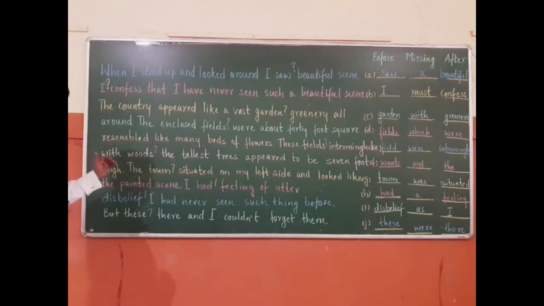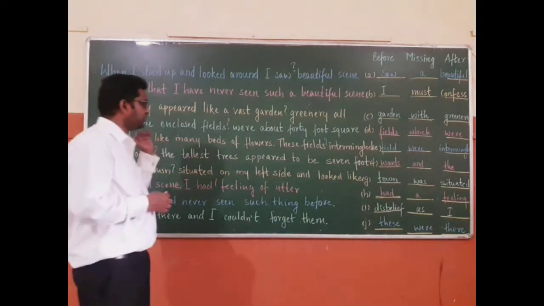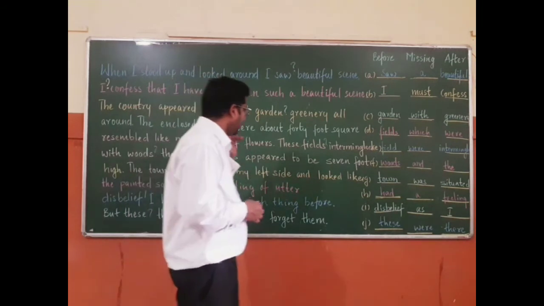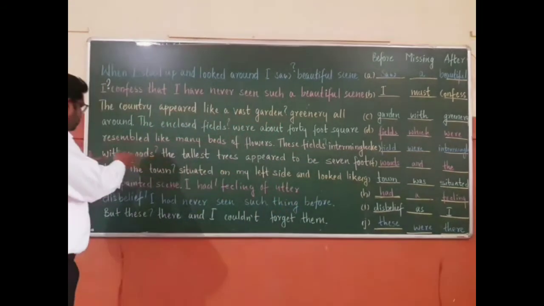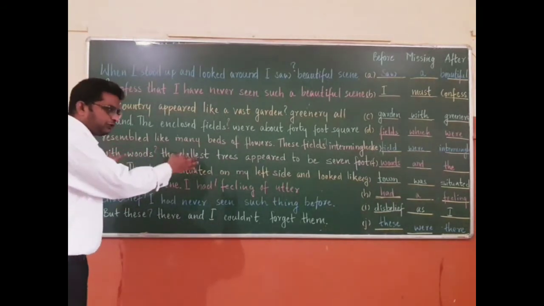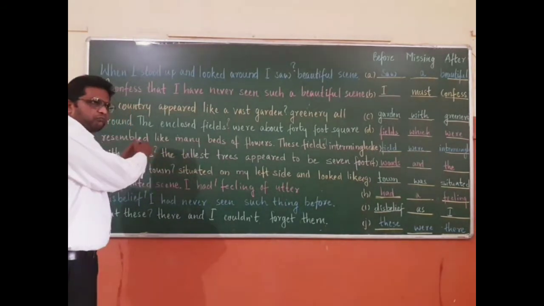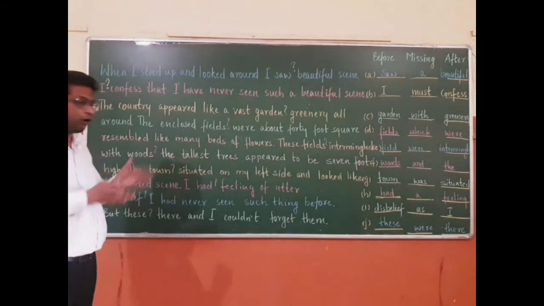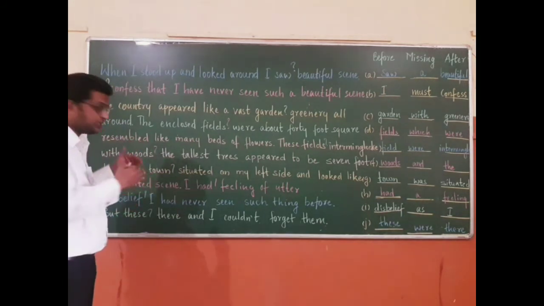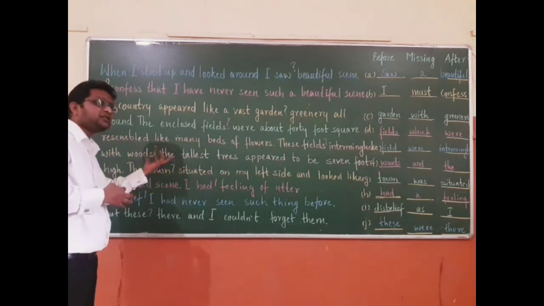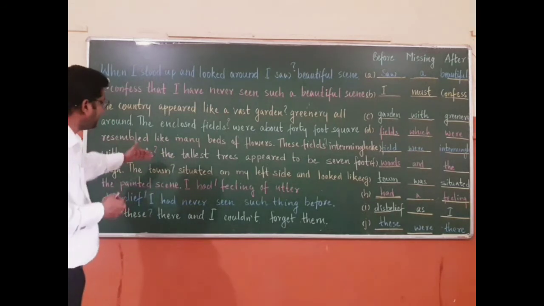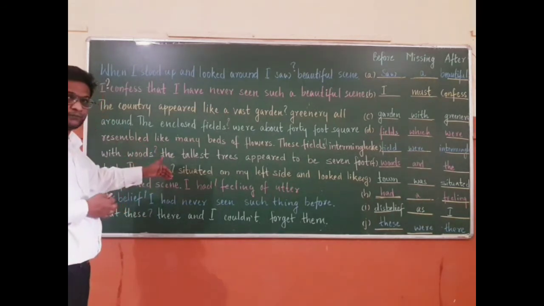Now see the next line. With woods, the tallest trees appear to be 7 foot. If you have noticed, with woods, the tallest trees, something is missing, and it is not grammatically correct. The sentence is broken here. There is no connectivity in the sentence.